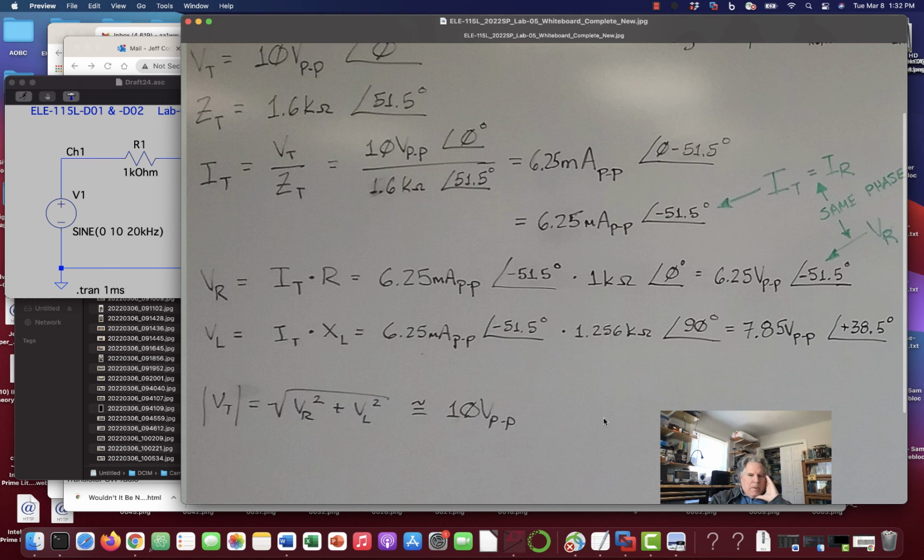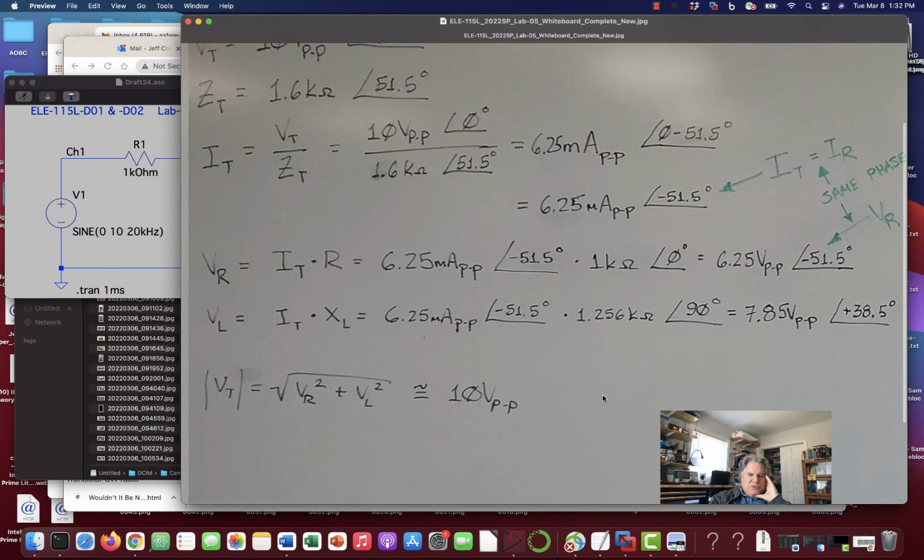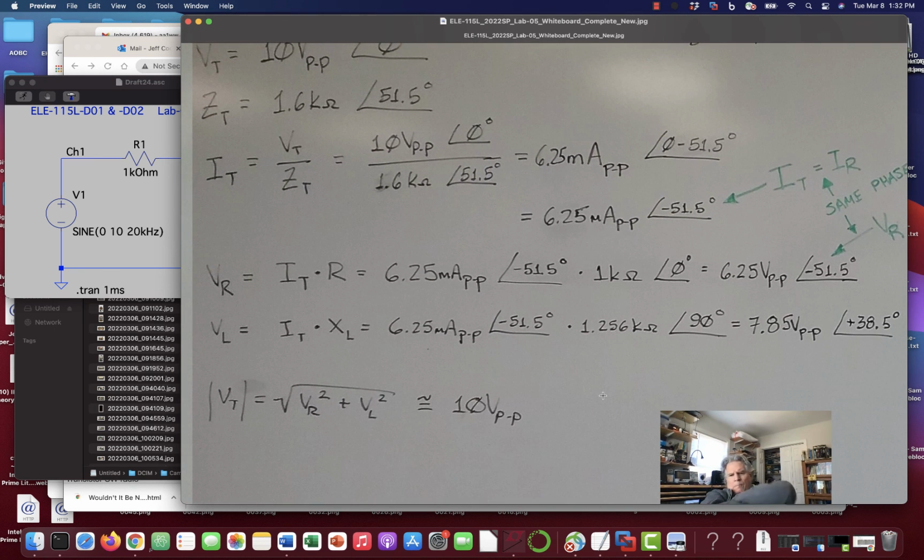Okay, so furthermore, in the inductor, if you look at it, the current came through at minus 51.5 degrees, but the voltage is at plus 38.5 degrees, and due to that addition operation between the minus 51.5 and the plus 90, I got this thing here.